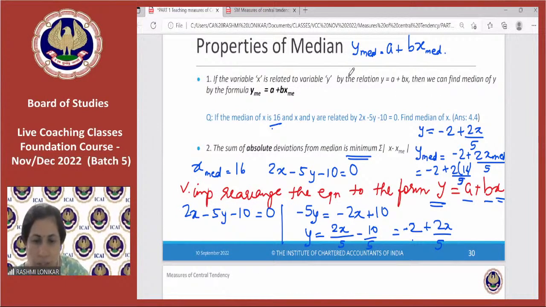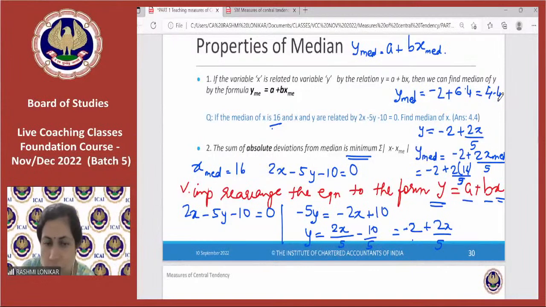Therefore, y median is equal to minus 2 plus 2 into 16, which is 32, upon 5. 32 divided by 5 is 6.4. Now minus 2 plus 6.4 is 4.4. So this is the important property of median that we have.